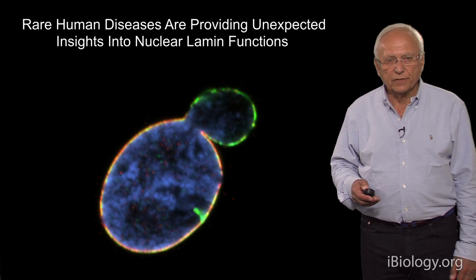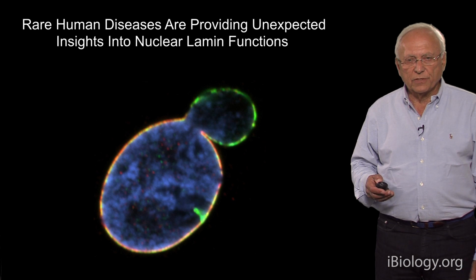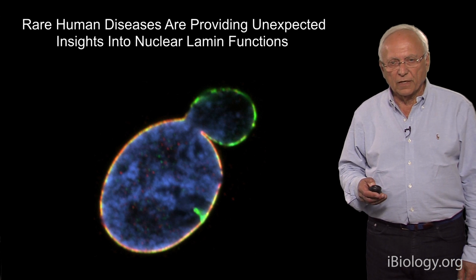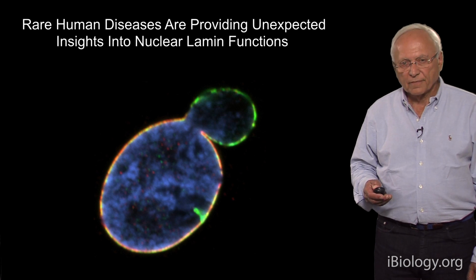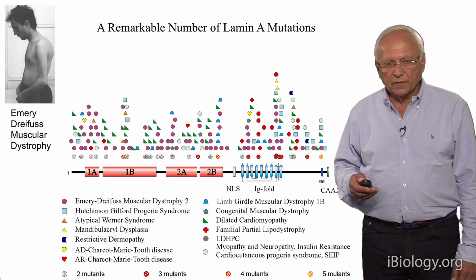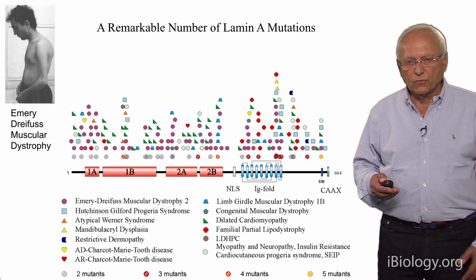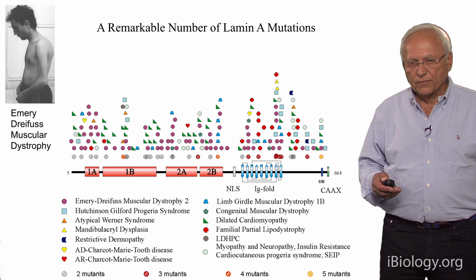Now I'd like to turn our attention in the last part of this talk to what rare human diseases have told us, and in fact provided an enormous number of unexpected insights into nuclear lamin structure and function. So it turns out that in the last decade, or slightly over a decade, a rather enormous number of diseases and mutations, now somewhere between 300 and 400 mutations, have been related to diseases caused by changes in the nuclear lamin A gene.